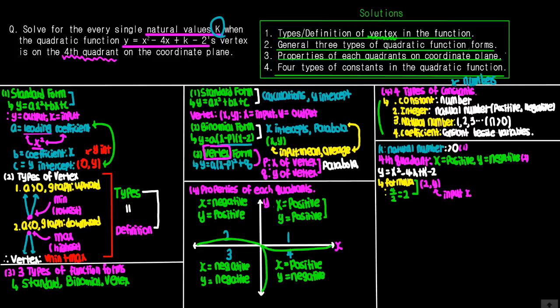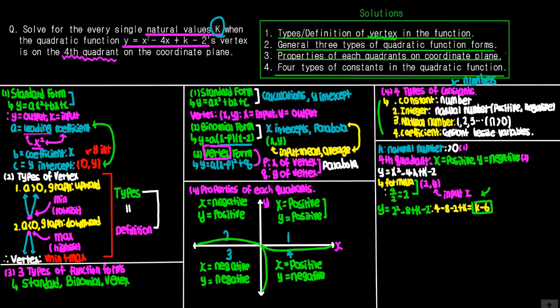If you input 2 here, we get y is equal to 2 squared minus 8 plus k minus 2. If you simplify this, we get 4 minus 8 minus 2 plus k, which is k minus 6. So k minus 6 is going to be our y coordinate.